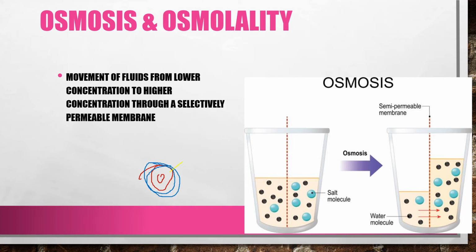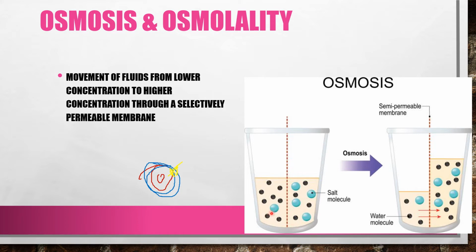So this part we can call the cell membrane or permeable membrane. Clear? So here, for example, they have given one glass, and there is a cell membrane, that is a permeable membrane.